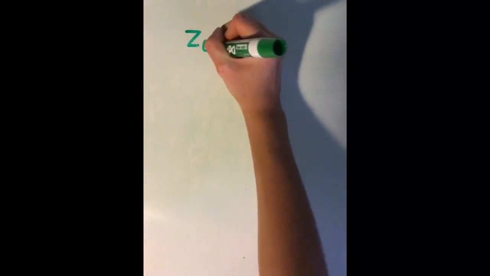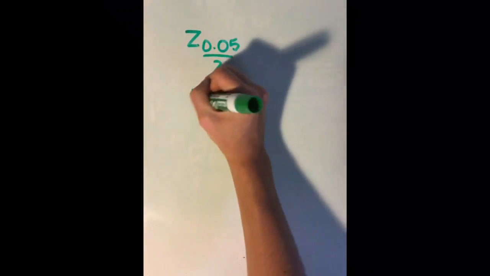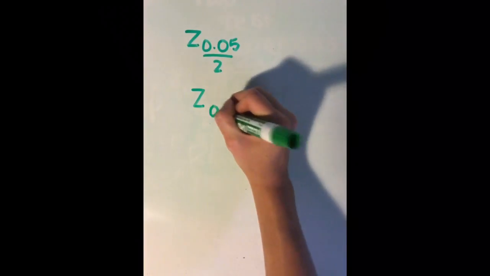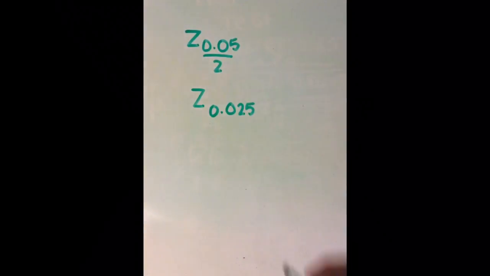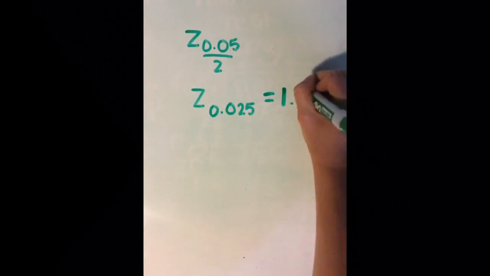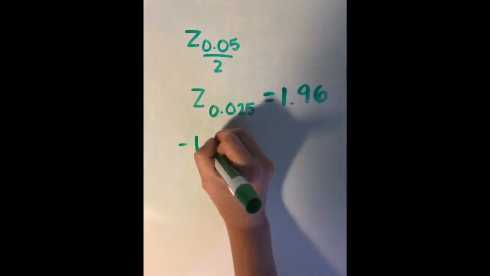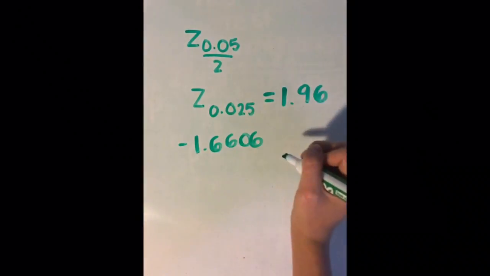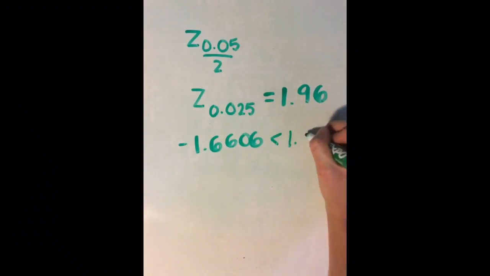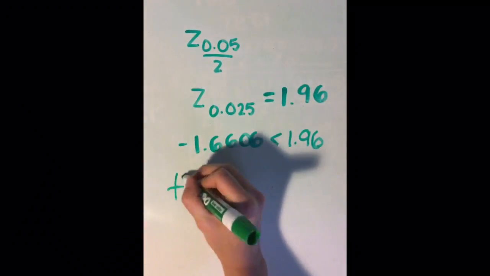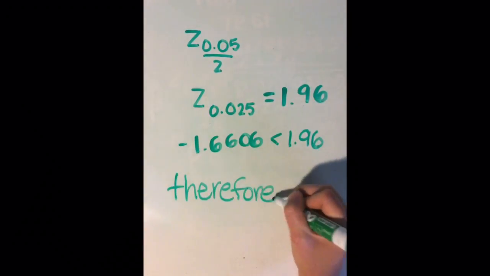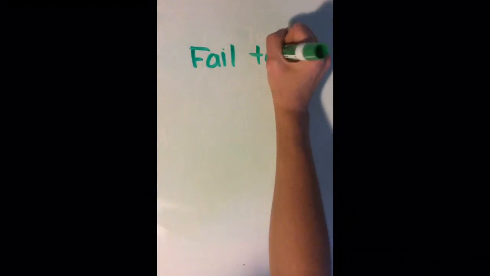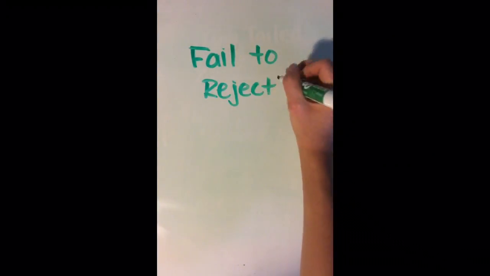With our level of significance of 0.05, we divide that by 2 to find the z-value for 0.025, which, looking in the chart, is 1.96. Now our z-value, negative 1.6606, is less than 1.96. Therefore, we fail to reject our null hypothesis.